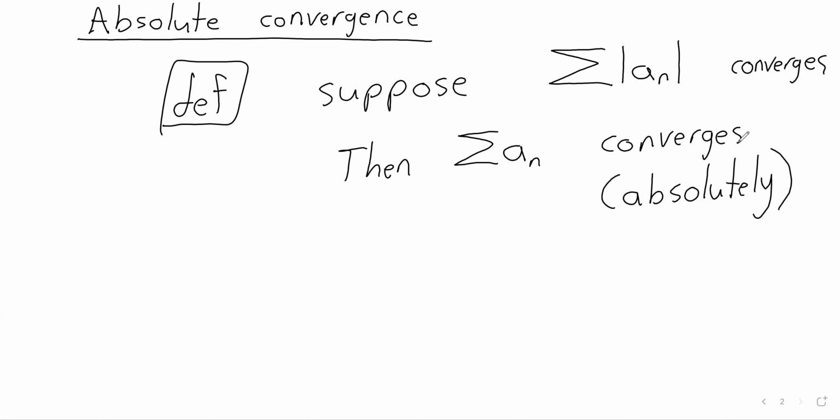We say that it converges absolutely. And if something converges absolutely, it converges in the normal way as well. So there are a few things we can say. Let's look at a quick example.